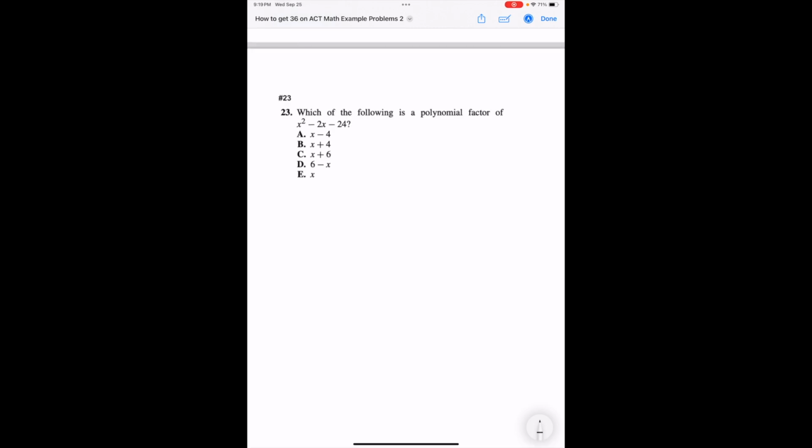Question number 23 asks, which of the following is a polynomial factor of x squared minus 2x minus 24? So in this polynomial right here, it's asking us basically to factor this polynomial. And so for x squared, it is just 1x times 1x.